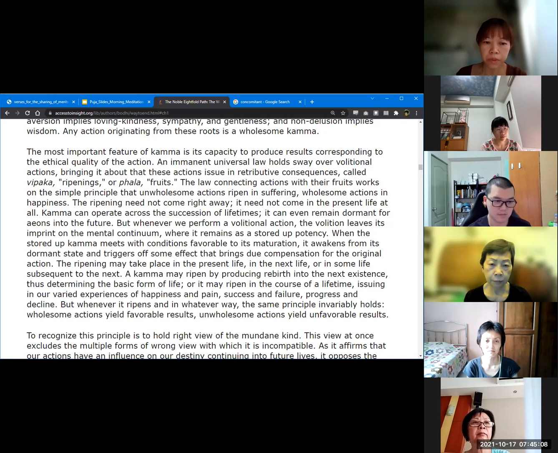The karma may ripen by producing rebirth into the next existence, thus determining the basic form of life, or it may ripen in the course of a lifetime, issuing in our varied experiences of happiness and pain, success and failure, progress and decline. But whenever it ripens and in whatever way, the same principle invariably holds. Wholesome actions yield favorable results, unwholesome actions yield unfavorable results.